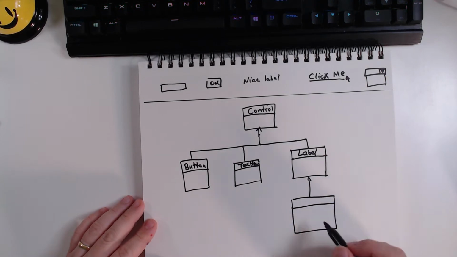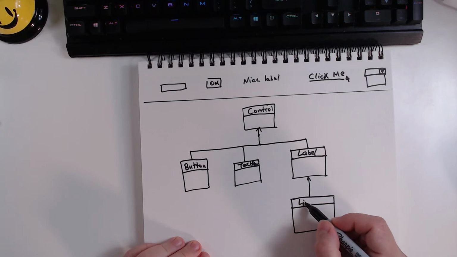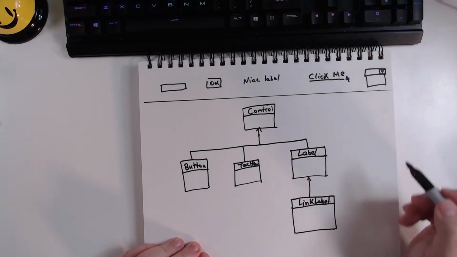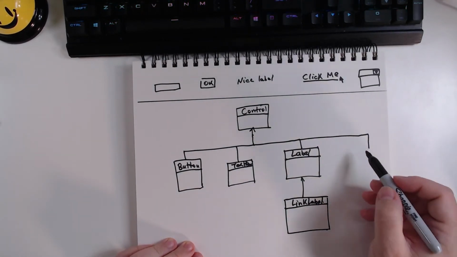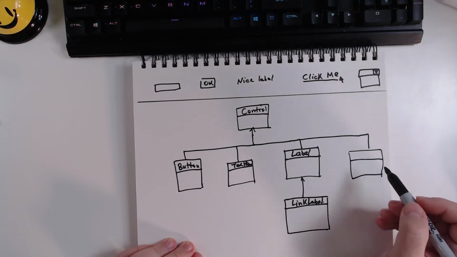So the hierarchy can get pretty complex and deep. The link label can be, well, a combo box and so on, but another control that is sometimes inherited from this one is a window. A window is also some sort of control.